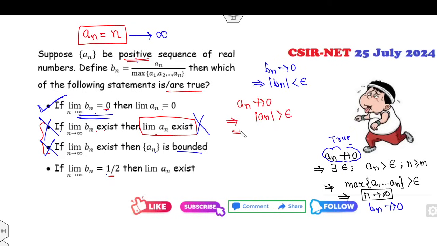Because a_n is a positive sequence, I can simply assume a_n is greater than epsilon. That means the maximum of the a_i's will also be greater than epsilon. What is the meaning of that? b_n is also greater than epsilon. That is a contradiction of this portion. So this is not possible. The only case is a_n goes to 0.